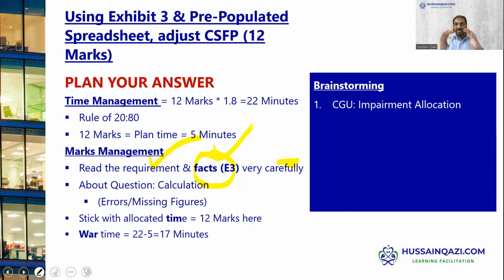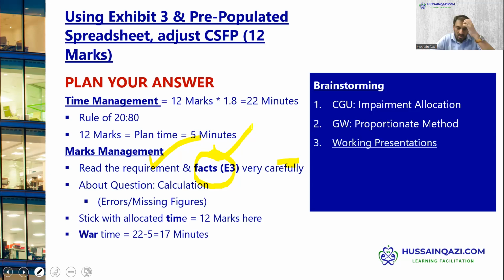But the figures must be calculated at lower of carrying amount or fair value less cost to sell. Identify the impairment if any, and then allocate with goodwill and more. Do remember here the proportionate method of goodwill of Trailer. So complications here about grossing up. Number two, goodwill proportionate method. Okay, grossing up, that's done. So these two specific points, we have to be very careful.